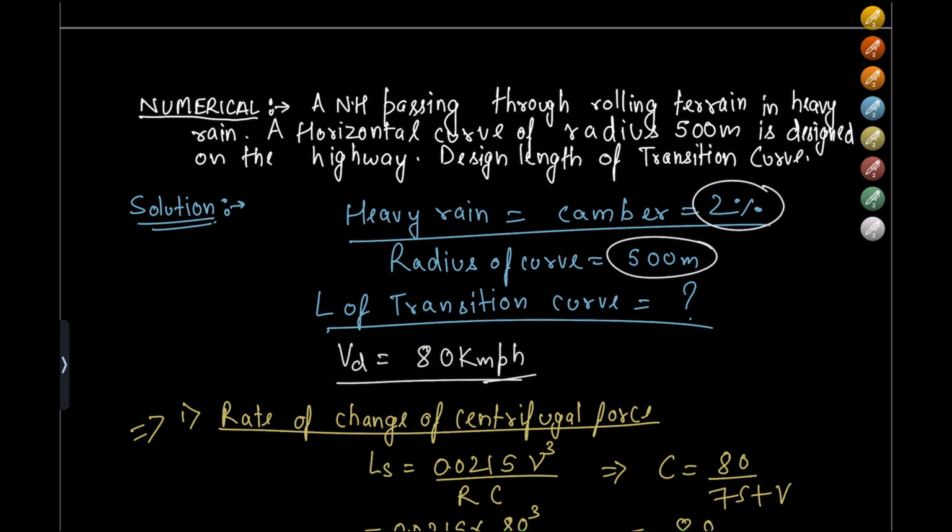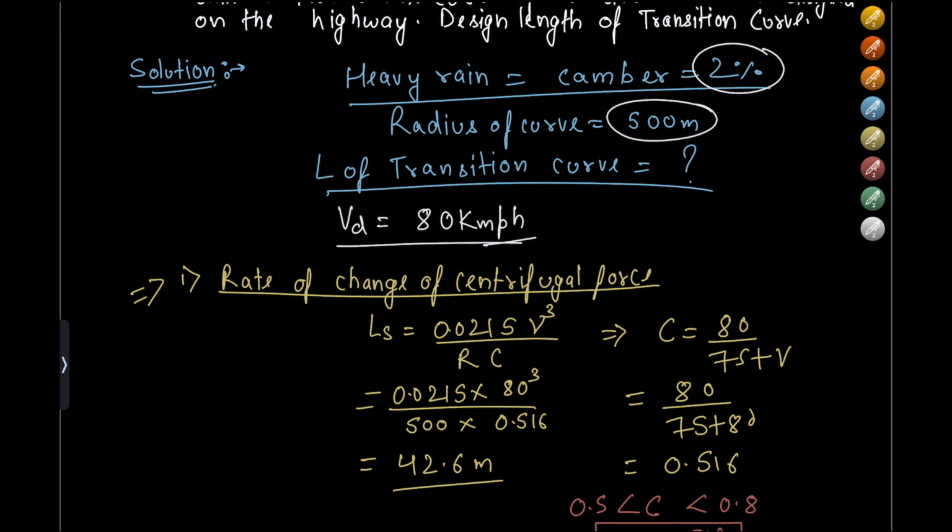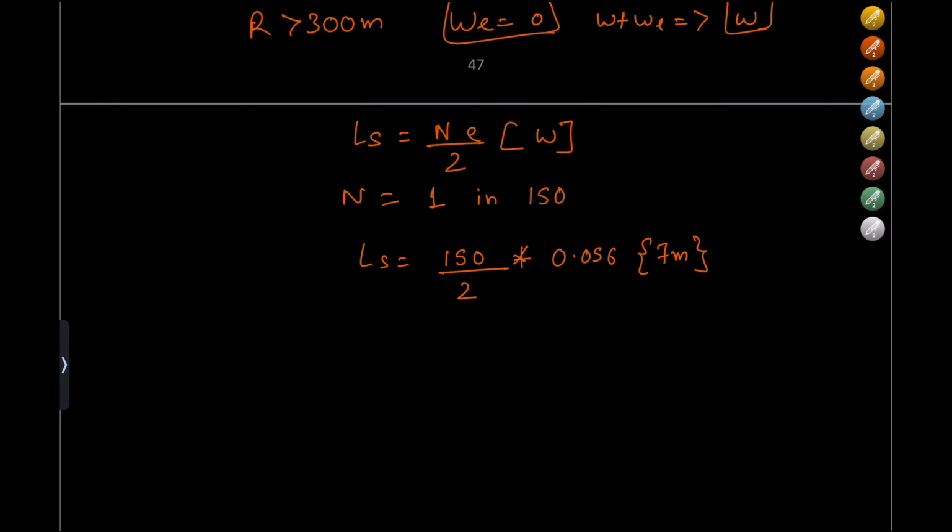Nothing is given in the question. Next line, we're passing a horizontal curve, the radius is design, and the design length of transition curve. Okay, so no width is given for 7 meter. We'll assume 2 lane carriageway. So W is equal to 7 meter, right?